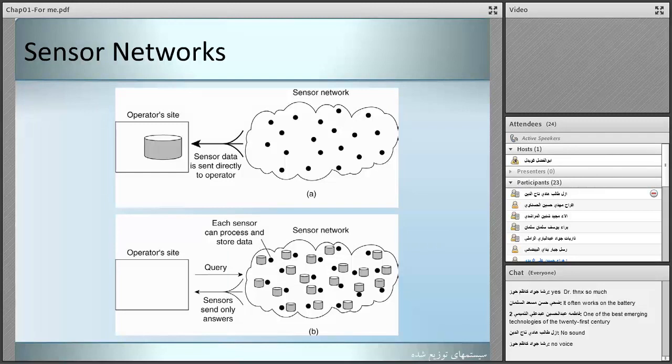In our example, we had many sensors in the forest, and the sensors only transfer data to the server. In the second organization, sensors can have some facilities to store data and to calculate something.